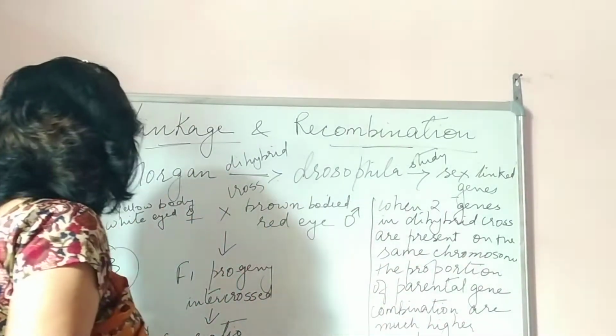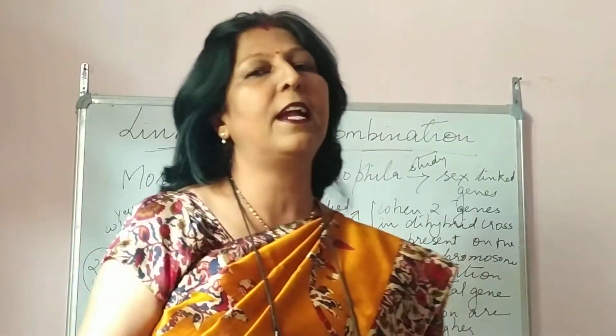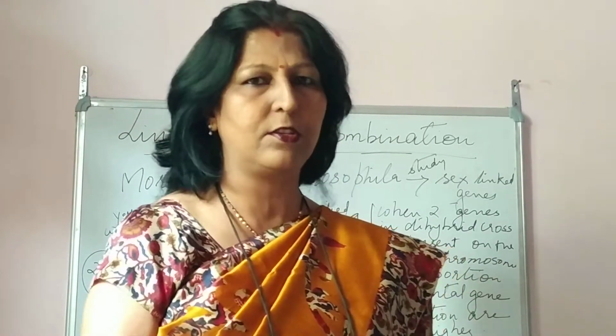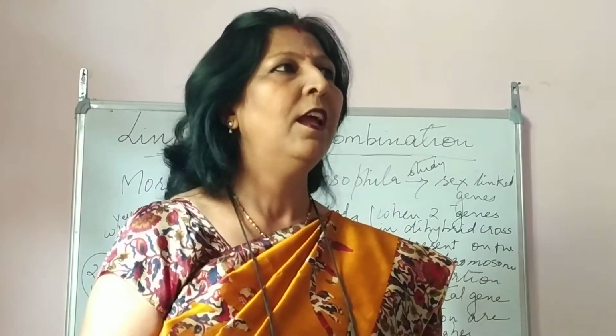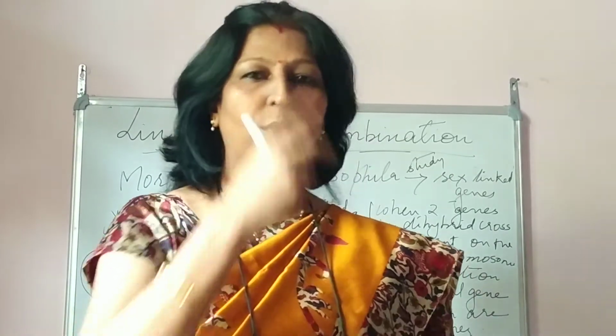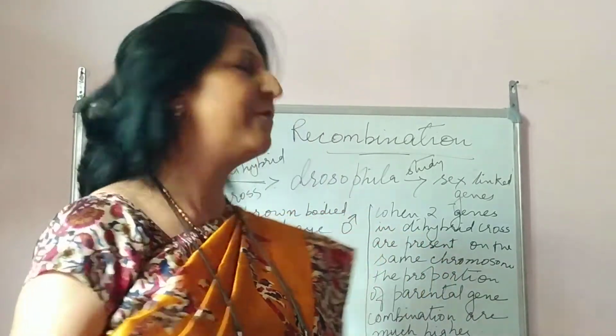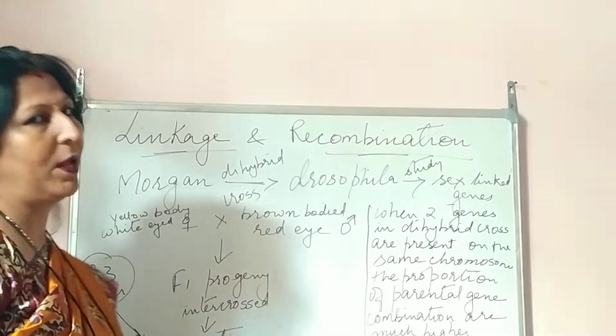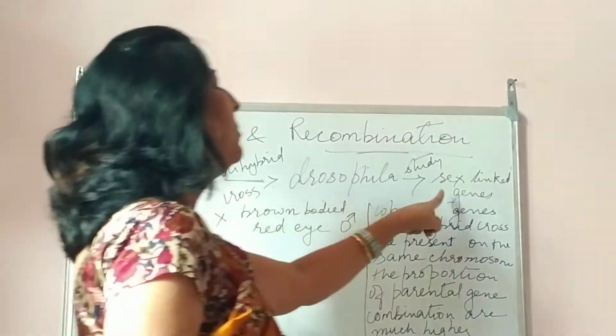The other 22 pairs of autosomes decide the characteristics of the other parts of the body: maybe the color of the skin, the color of my hair, the way I talk, the way I walk, the shape of my nose, everything. So that is 22 pairs of autosomes and one pair of sex chromosomes.